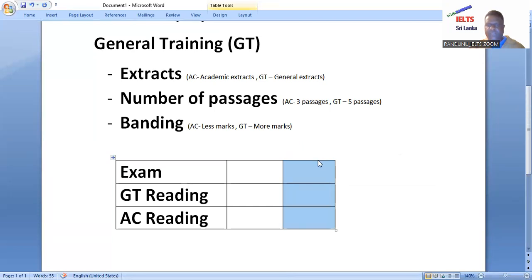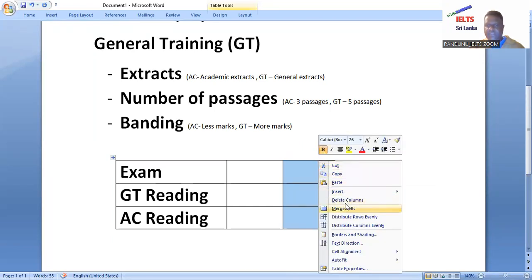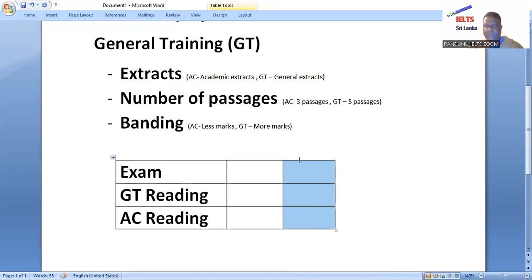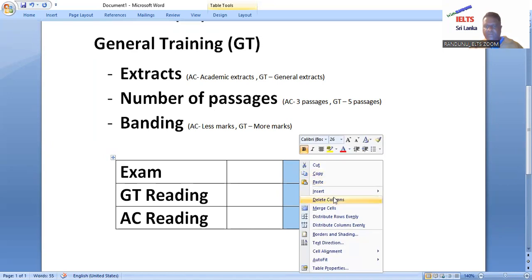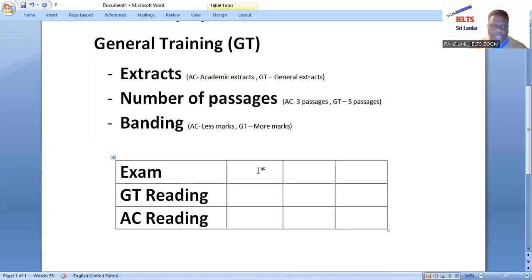I told you there are 3 parts or sections: section 1, section 2, section 3.